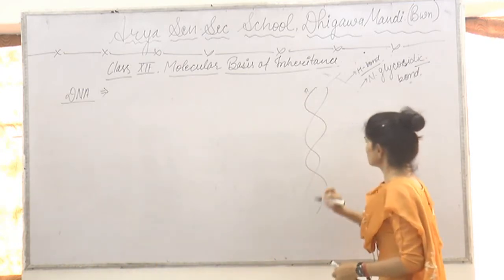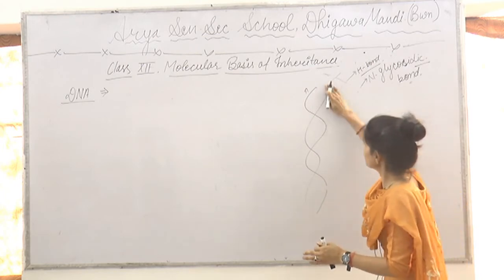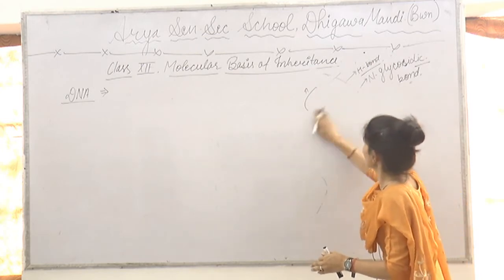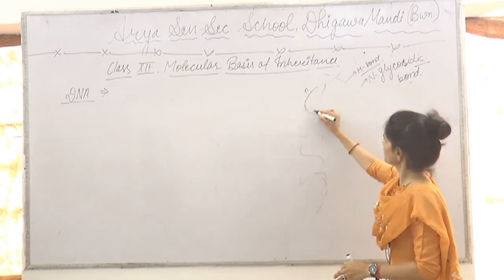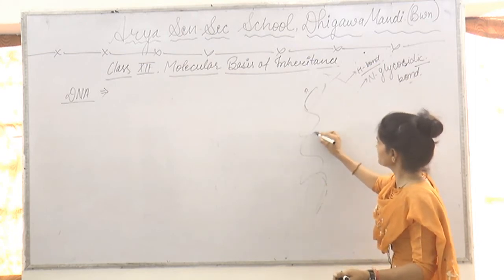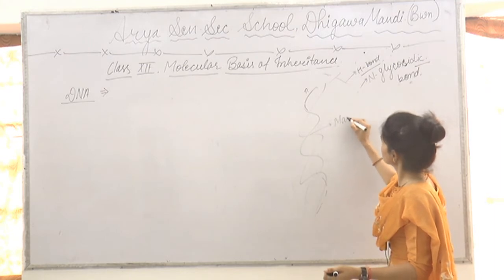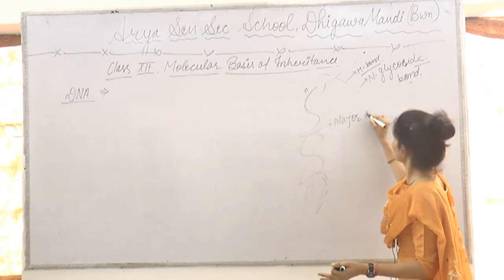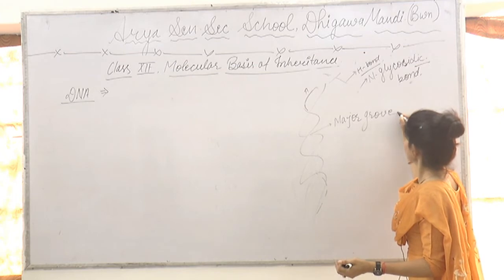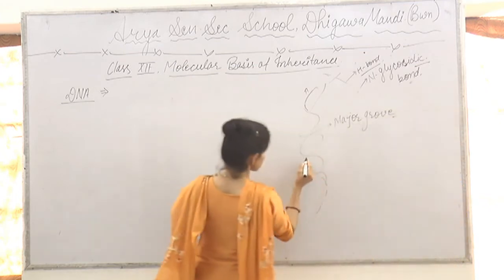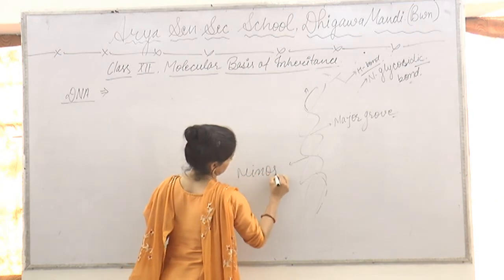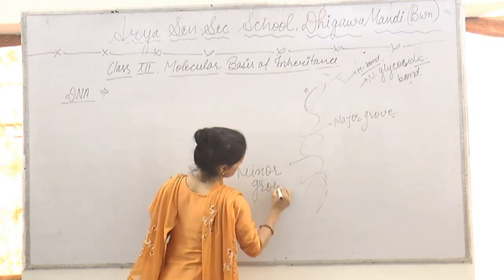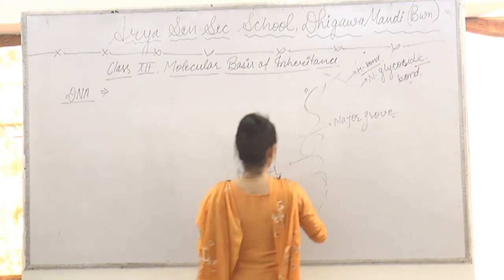When it forms the double helix, then it forms two grooves. One is the major groove and second one is minor groove. For example, this is major groove and this is the minor groove.